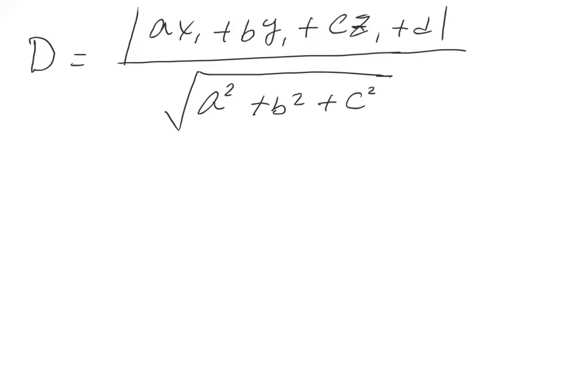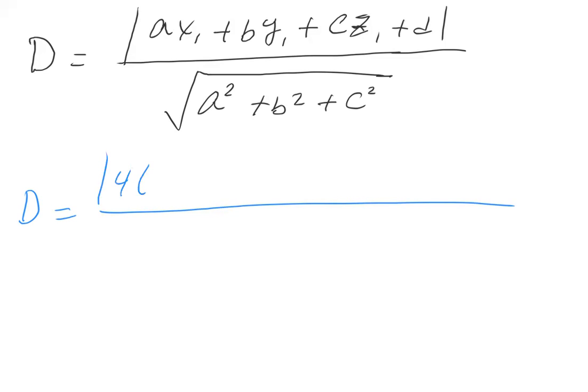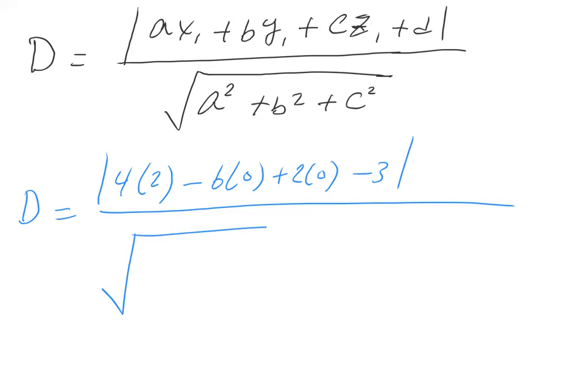Okay. So d equals the absolute value of 4 times 2 minus 6 times 0 plus 2 times 0 minus 3, all over the square root of 4 squared plus (minus 6) squared plus 2 squared.